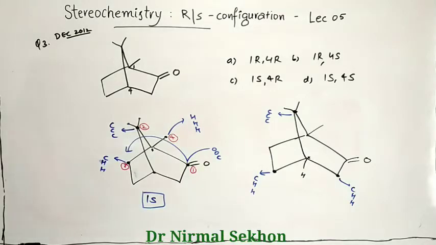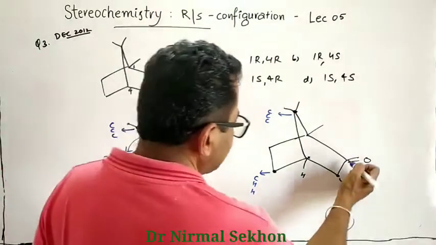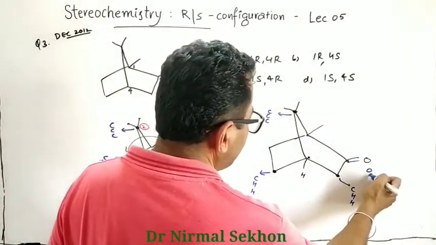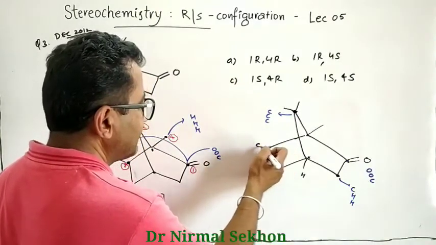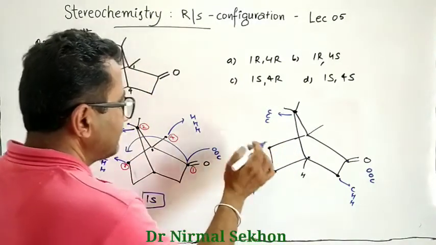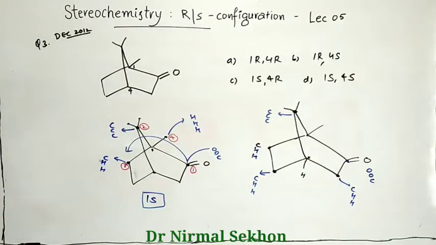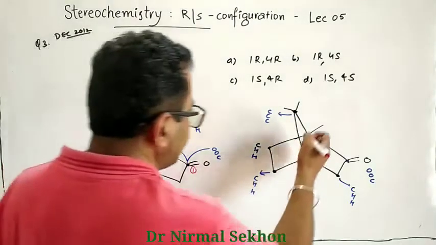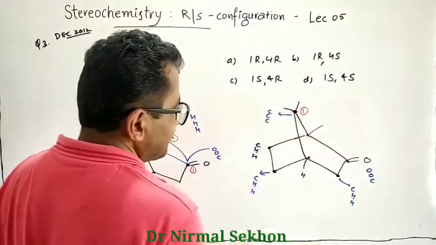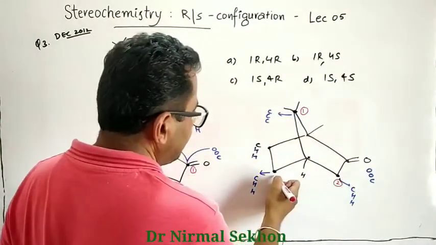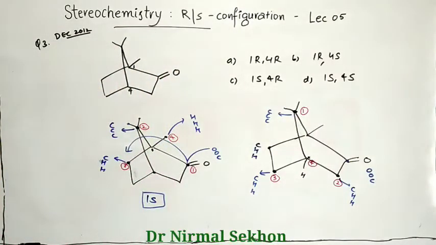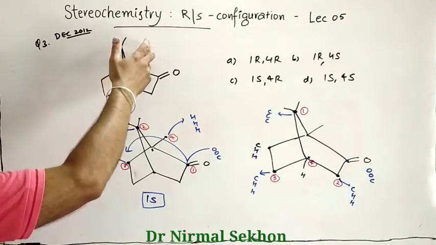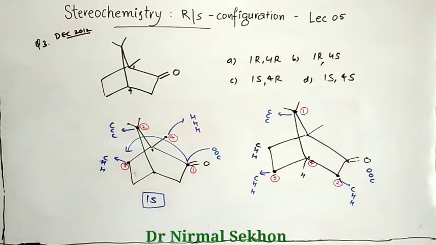Now move to the next carbon. If you move to the next carbon, this will be connecting to OCC, and if you go to this one, this will be connecting to CHH. So that will get number 2. Now 1 will be this, 2 will be this, 3 will be this, and 4 will be this. Here the methyl group is below the plane, so 4 is above the plane.